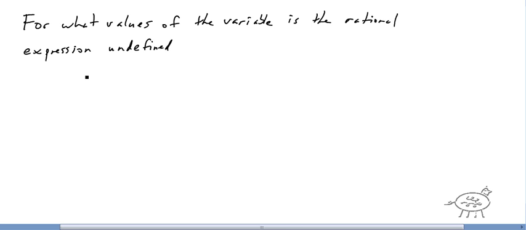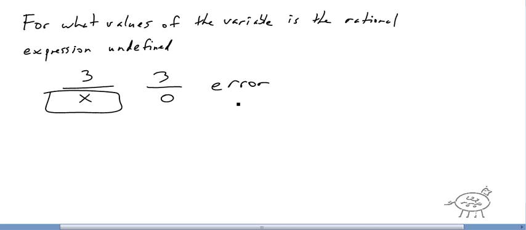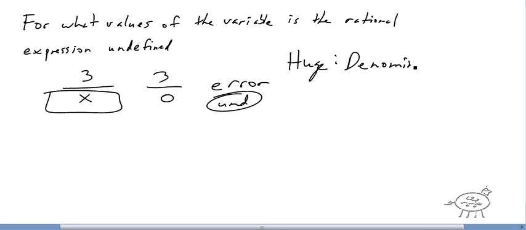Okay, so this is the deal. If I have 3 over x, what can't the denominator be? Right? It can't be 0. If it's 3 over 0, if you type that in your calculator, you get an error, which means it's undefined. Okay, so basically, this is huge, people. I'm going to write this out. The denominator can't equal 0.